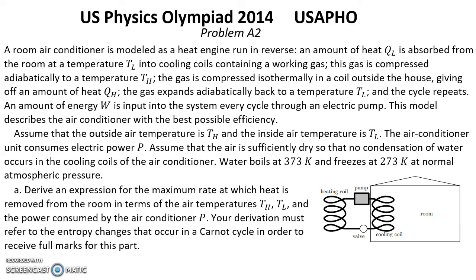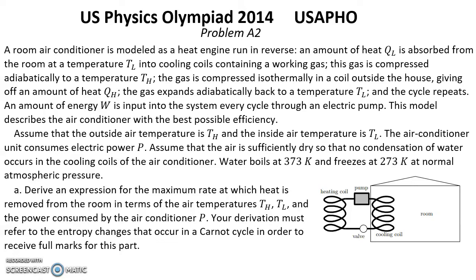An amount of energy W is input into the system every cycle through an electric pump. This model describes the air conditioner with the best possible efficiency. Assume that the outside air temperature is TH and the inside air temperature is TL.